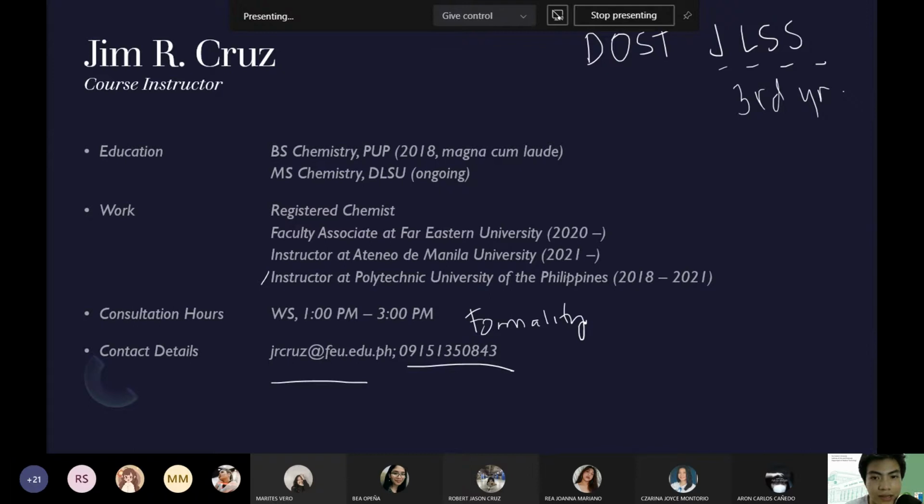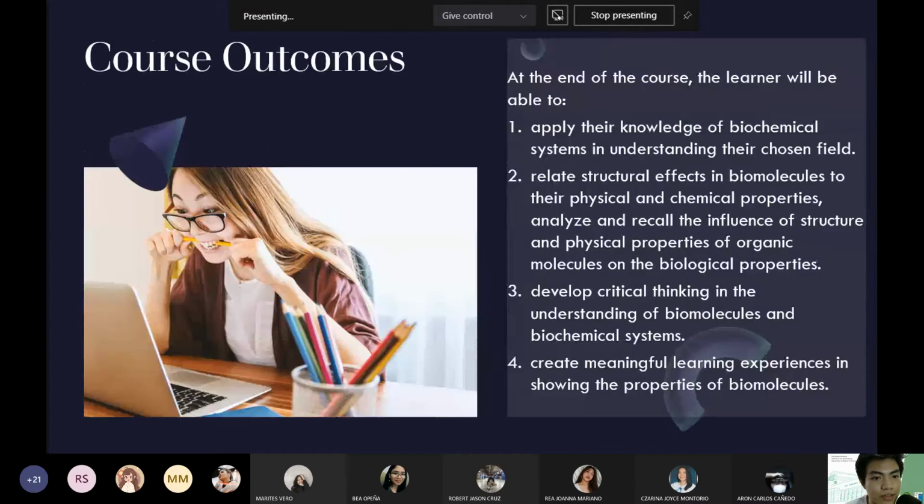Okay, so yan lang. So the course outcomes are the following. Wag na natin basahin lahat. Basically, ang gusto lang natin is for you to apply the knowledge in biochemistry sa inyong field, kasi you are biologists now. Many of you will pursue med school in the next few years.